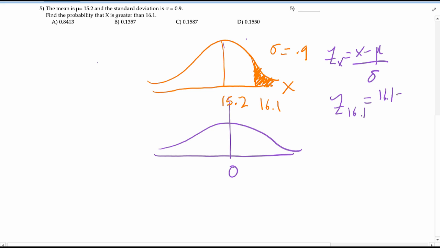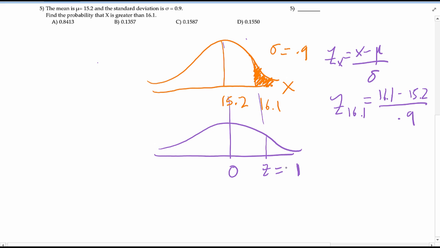It's 16.1 minus the mean, which is 15.2, divided by the standard deviation, which is 0.9. So this z value corresponding to that x data value is 16.1 minus 15.2 divided by 0.9, which gives me 1.